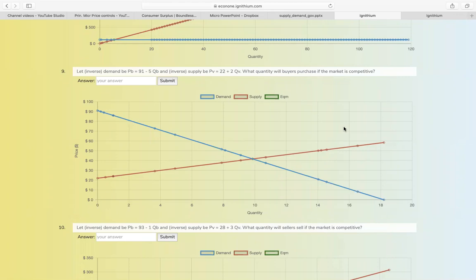Namely, that the equilibrium quantity is that one quantity at a particular price where the buyers' purchases and the sellers' sales match up. I'm not going to say more about it than that, but I've given you a really good hint, and you should be able to figure out the rest on your own.